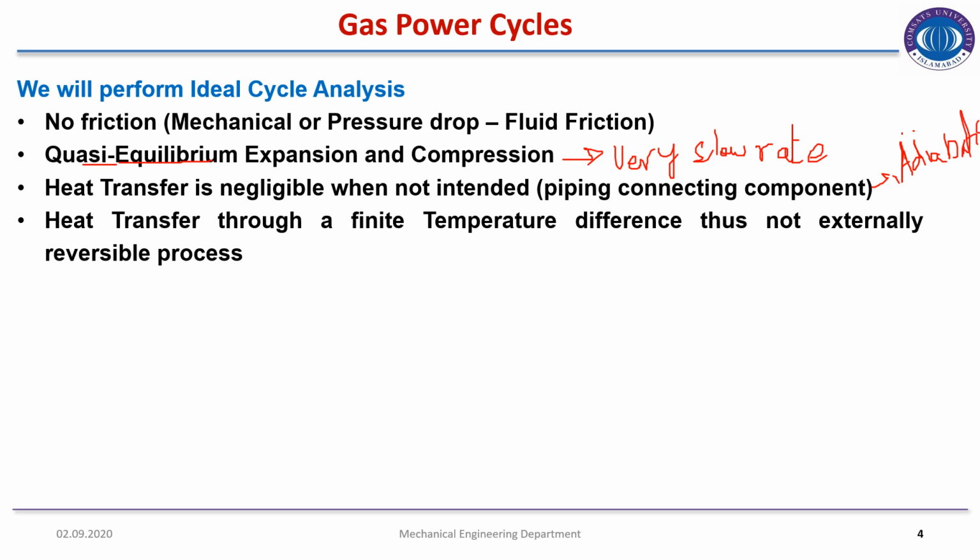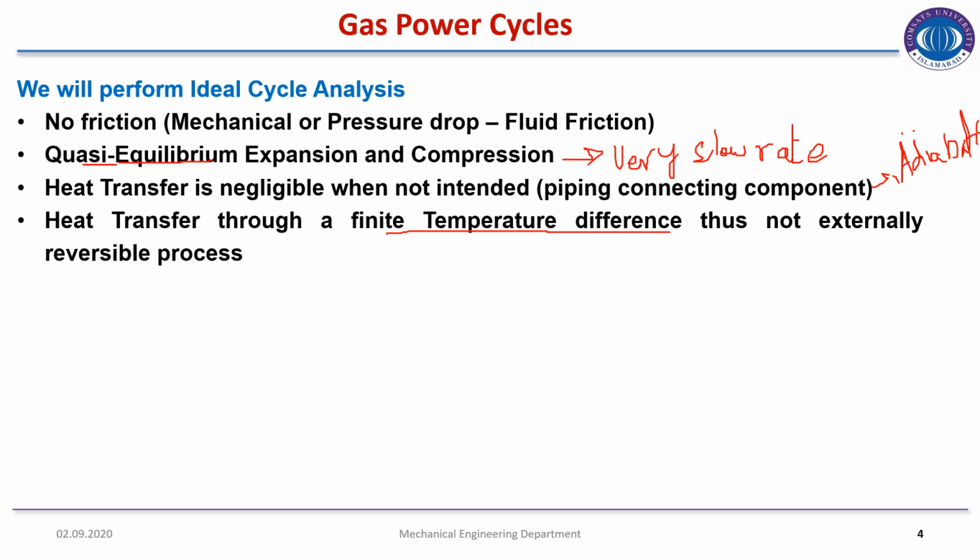Heat transfer through a finite temperature difference, thus not an externally reversible process. Usually, to be externally reversible, the temperature difference between two points should be infinitesimally small.